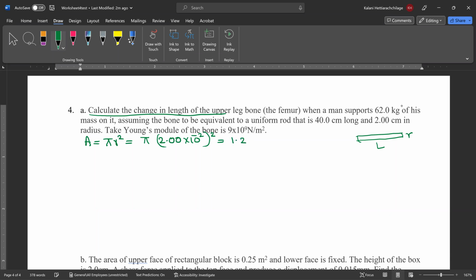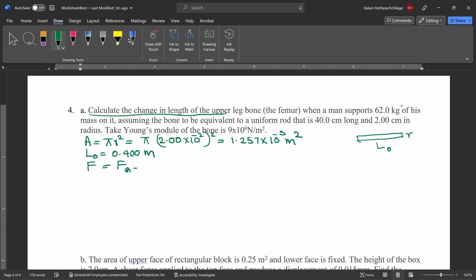I have 1.257 times 10 to the negative 3 meters squared. Okay. And then length L0, I'm going to take it as the length L0 here. That is 40 centimeters, which will be 0.400 meters. And then the force applied on the object is the force of gravity in this case.